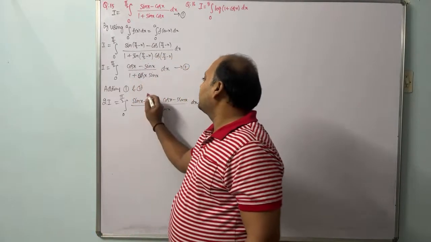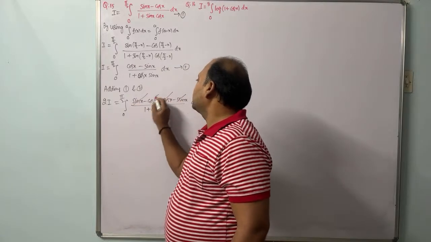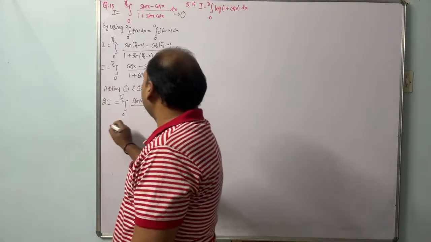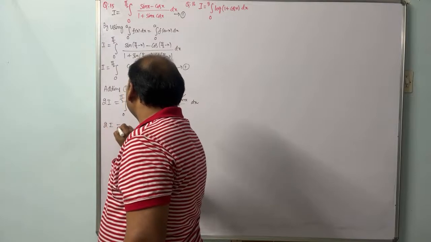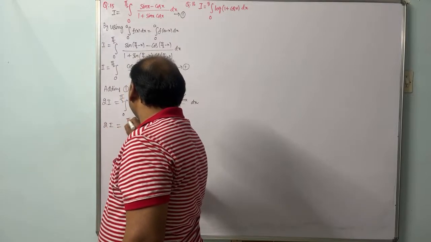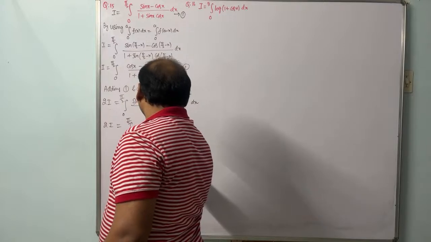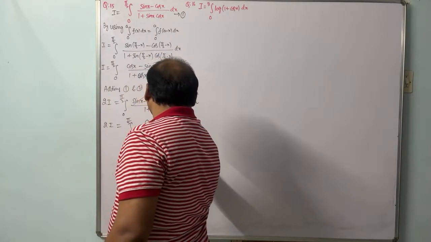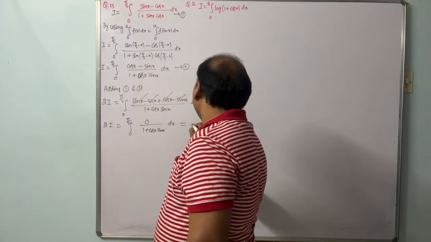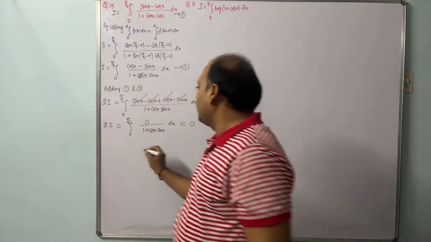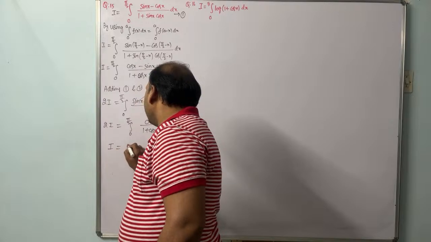So sin x minus sin x plus cos x minus cos x, ultimately the numerator value goes to be 0. Integral 0 to pi by 2 of 0 by (1 plus cos x sin x) dx. So 0 by anything is 0. So 2I equals 0, I equals 0.